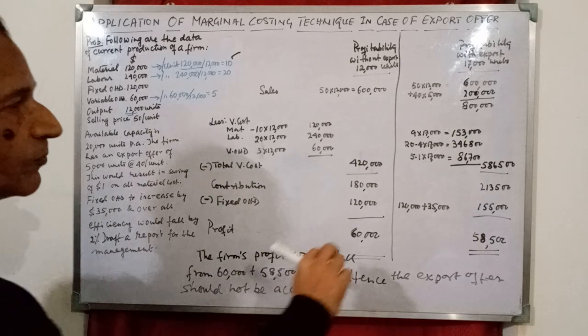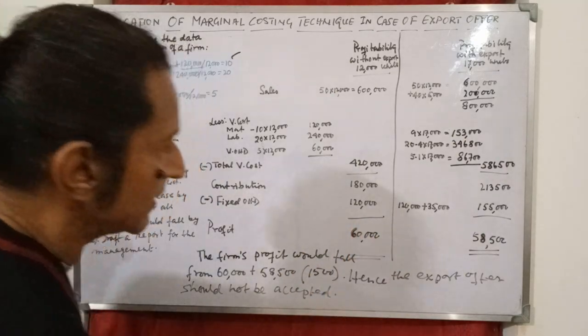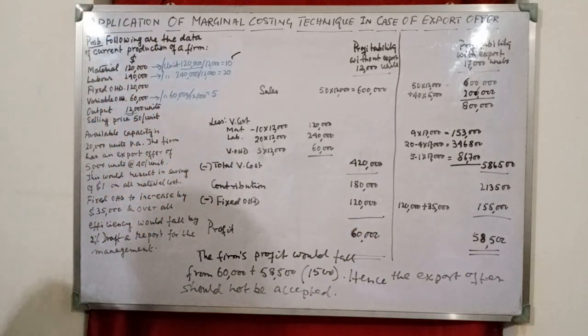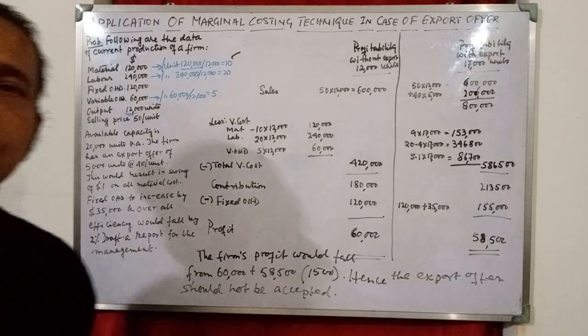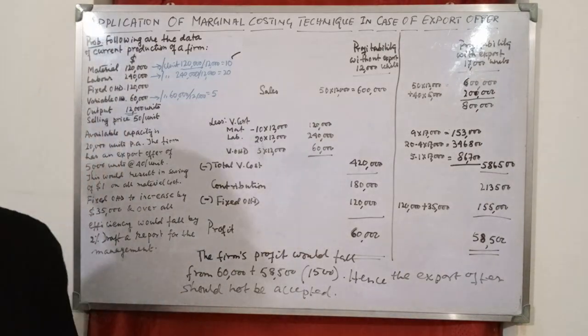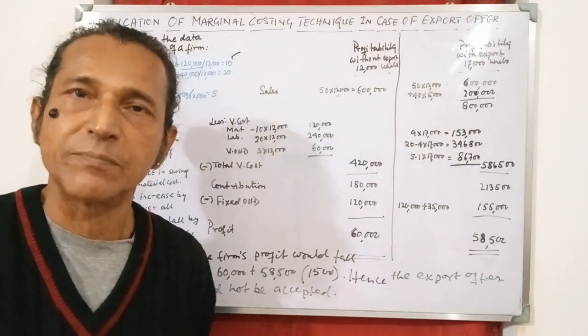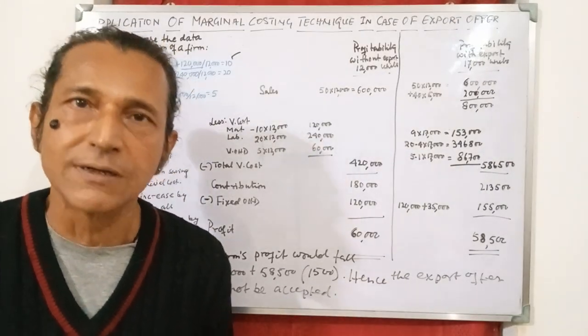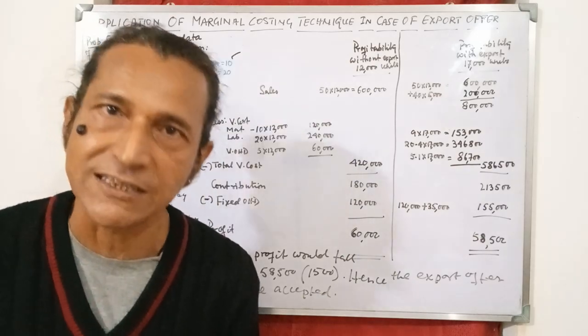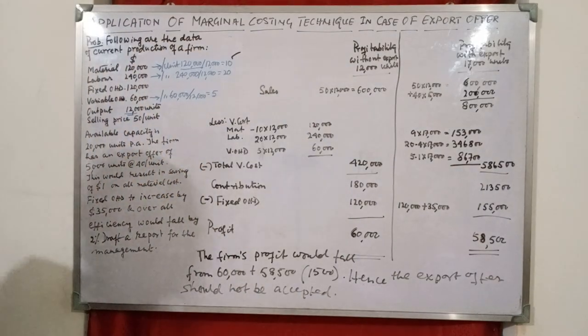And we have compared these two profitabilities and arrived at the decision that the export order is not giving higher profit than the present profit of the firm. So the export order should not be accepted. Okay? Yeah.